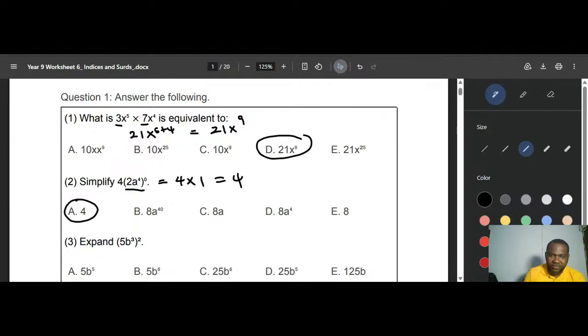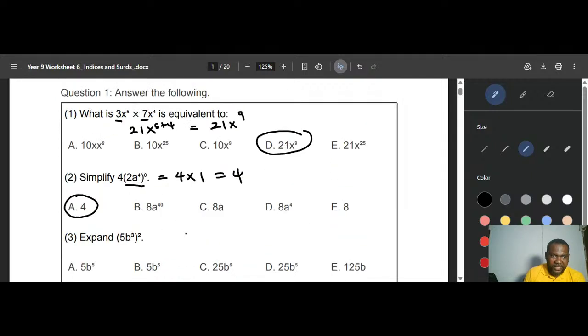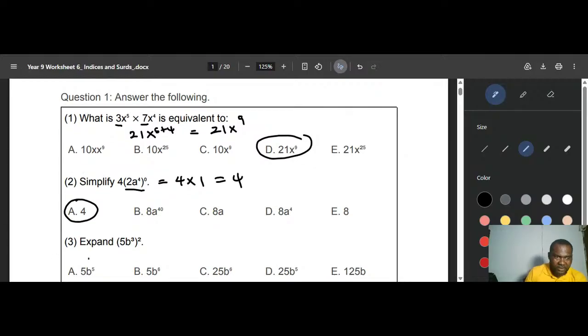So for number three, we had 5b cubed, squared. Remember, I told you that this square is for everything.